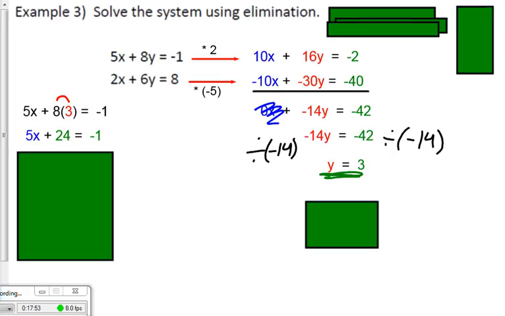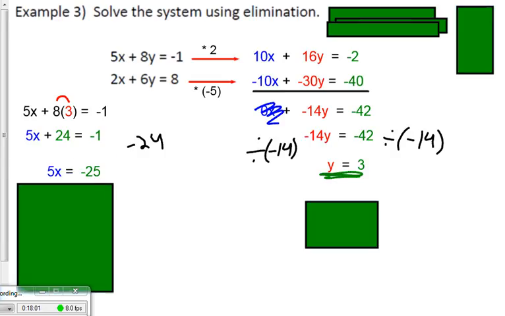If we want to get our x term alone, we're going to have to subtract 24 from both sides. When we do that, that leaves just 5x equals negative 25. To get x all alone now, we're going to divide both sides by 5.